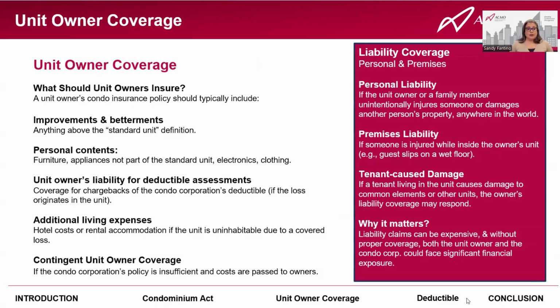Owner unit coverage. So we're going to describe on this slide the important coverages that a unit owner should ensure they have on their policy. And when speaking to their personal lines broker, ensure that they are looking to have these coverages in place, ensuring that the limits and the coverages are substantial, and also at the time of these conversations to ensure that the unit owner does have handy a copy of the standard unit bylaw and also the corporation's certificate of insurance.